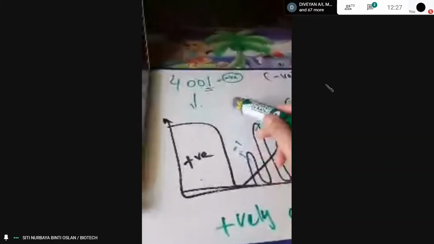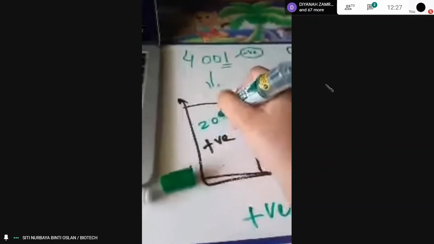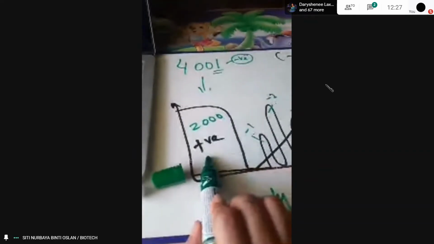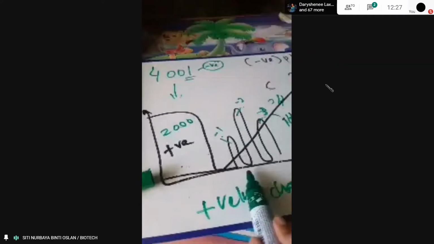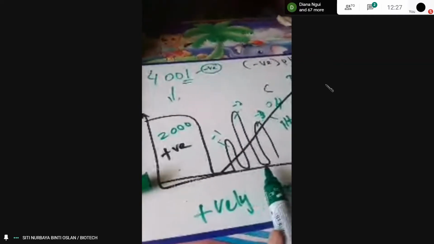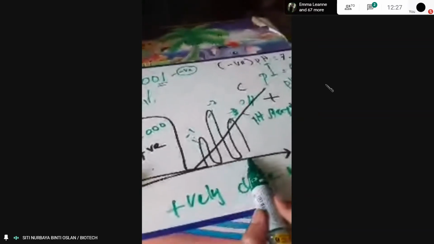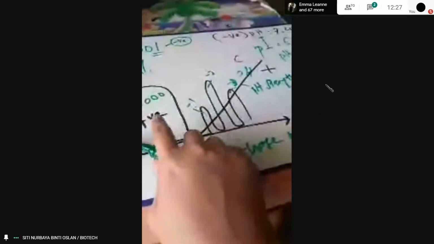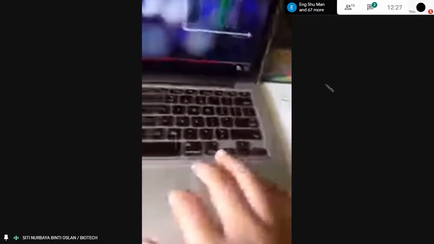Because if we illustrate the 2000 proteins, with the positively charged ones eluted here, the other negatively charged proteins will be eluted somewhere in here, in here, in here.